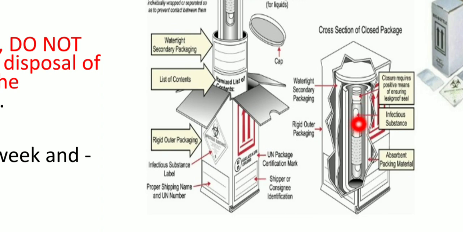So you have a primary receptacle, which is the specimen, surrounded by a secondary watertight receptacle and a tertiary, or third, rigid outer packaging receptacle, which is placed in an outer shipping packaging along with suitable cushioning material.